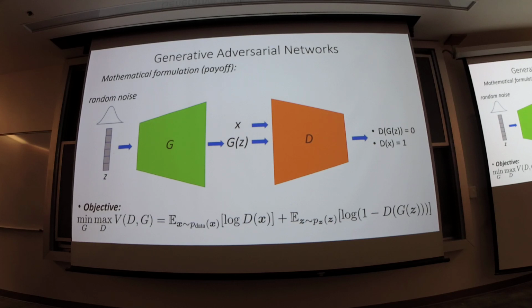So the discriminator tries to maximize the average of the logarithm of D of x, where x is the real data, samples taken from the real distribution, plus the average of the logarithm of 1 minus D of G of z, where G of z is the samples that are generated by the generator, and of course they are taken from the distribution of z. Like this distribution. Okay?